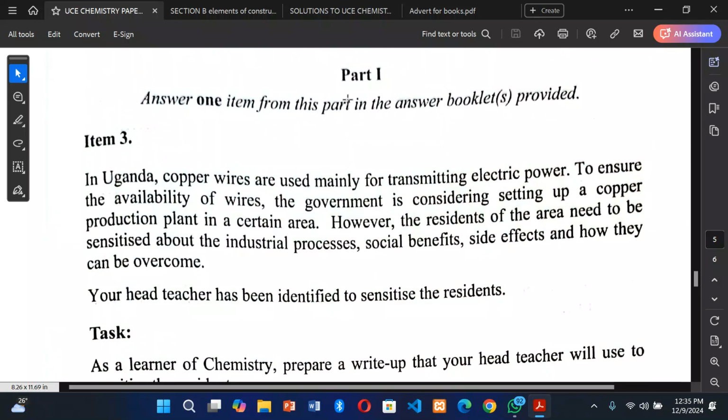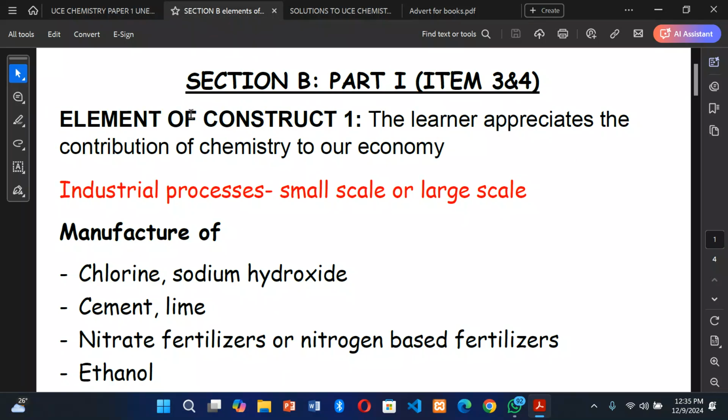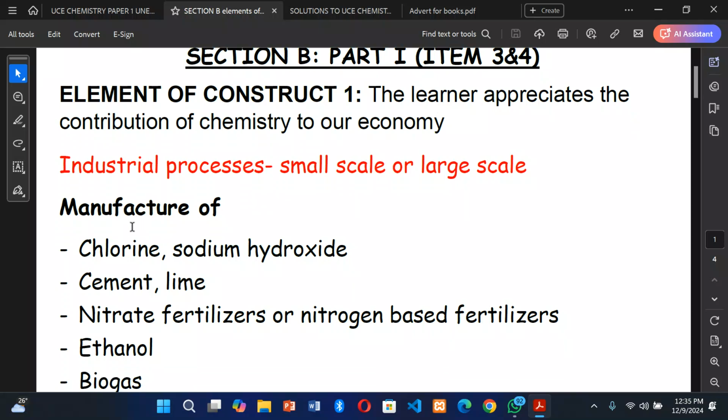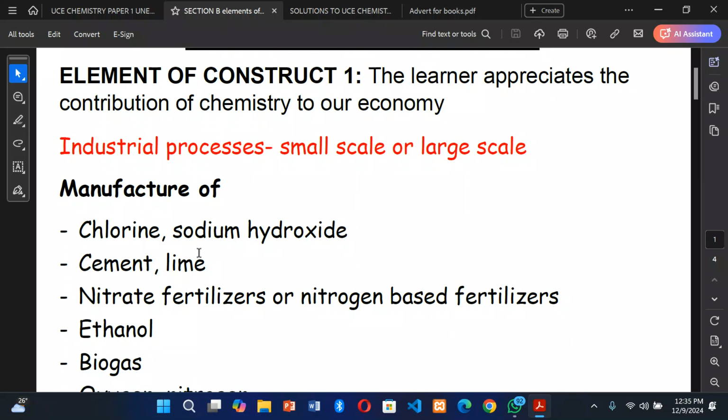From the elements of construct, we're going to first go through the element of construct of this Section B, Part 1. It is: the learner appreciates the contribution of chemistry to our economy. And majorly, Part 1 of Section B in a standard paper for chemistry is always about industrial processes on a small scale or on a large scale, looking at the manufacture of different products.